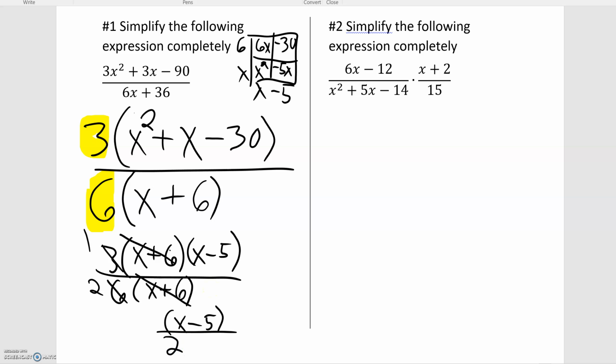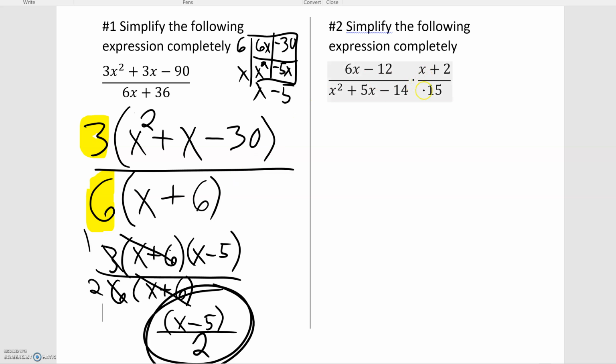Just 2, because that's the only factor left in the denominator. I could put a 1 there if I wanted to, but I know that 1 times x minus 5 is just x minus 5. So that is the simplified expression for this.